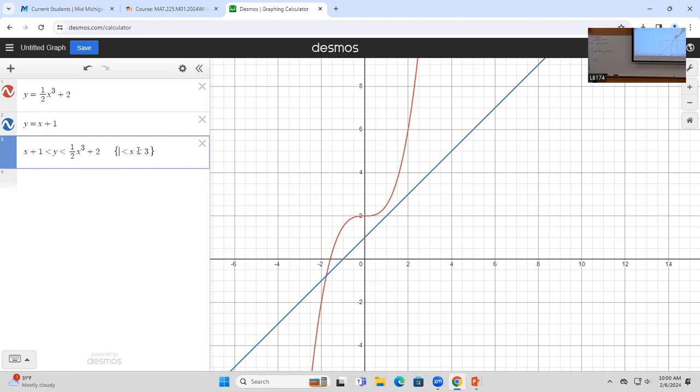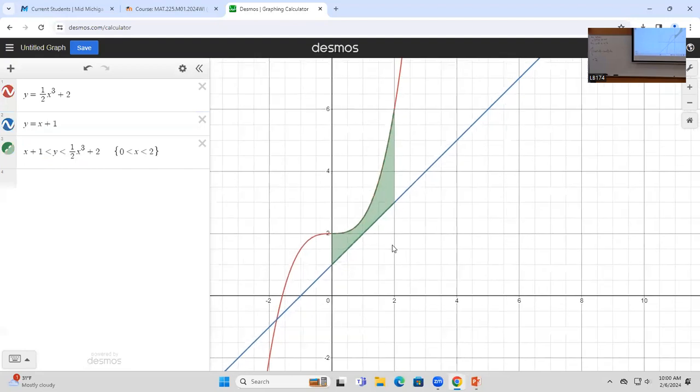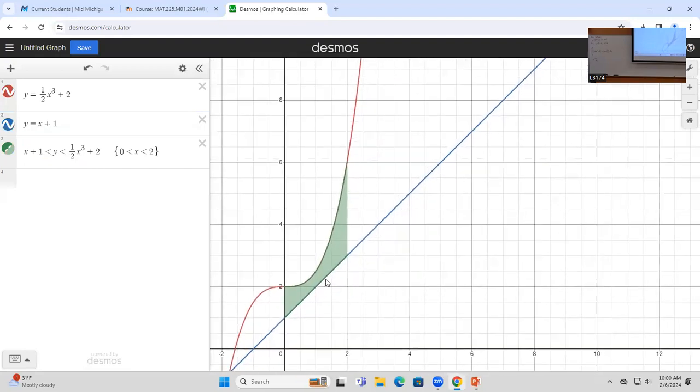And we're going from 0 to 2. So this is a really interesting shaped object. This green area here is where I'm looking at.